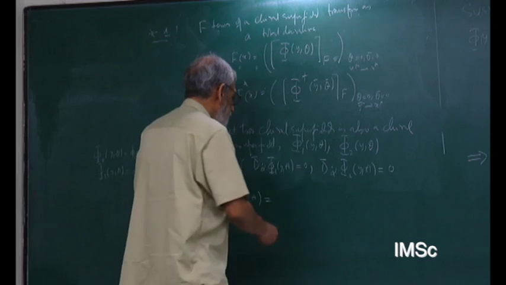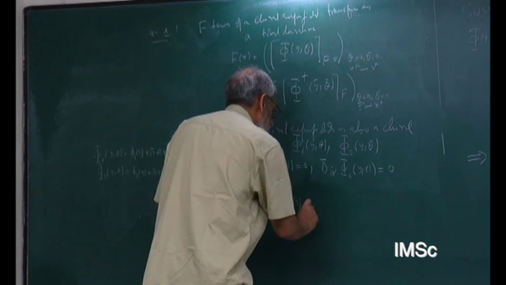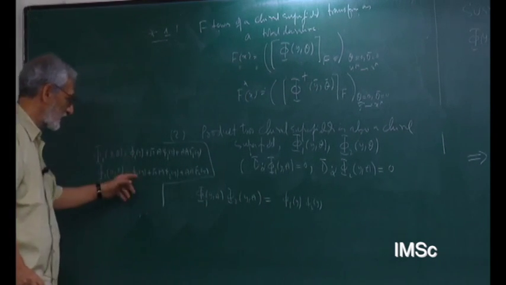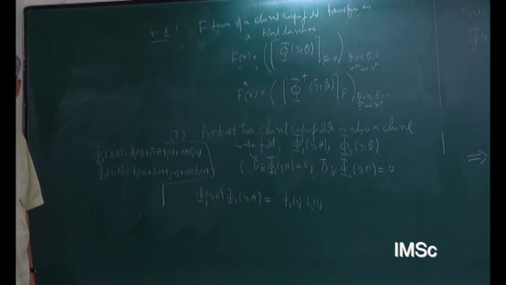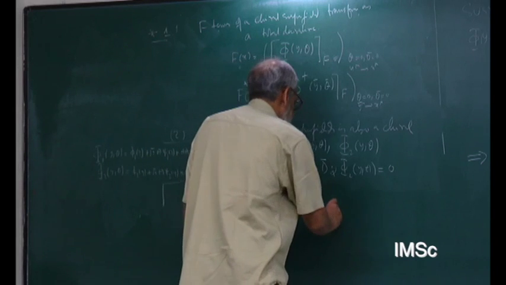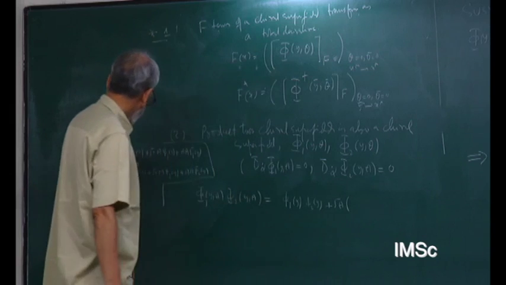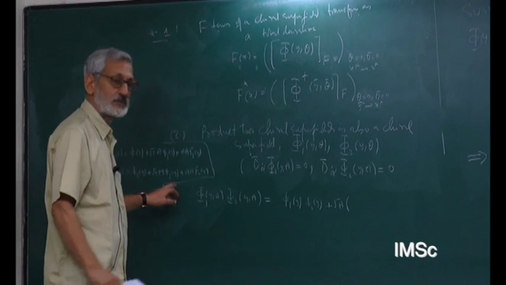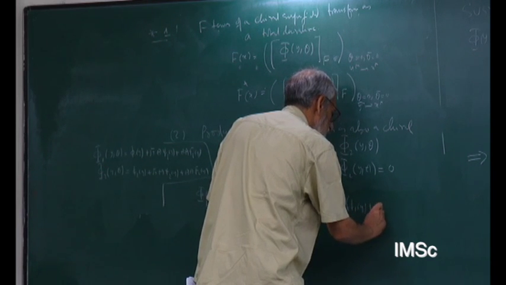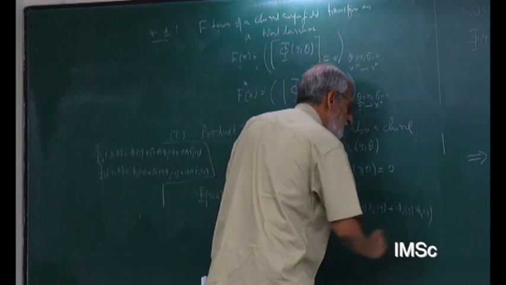Now what do I have here? Theta-less term is phi 1 of y, phi 2 of y. That's simply the product of these two terms. Then what is the single theta term? Single theta term is phi 1 times psi 2 and phi 2 times psi 1.